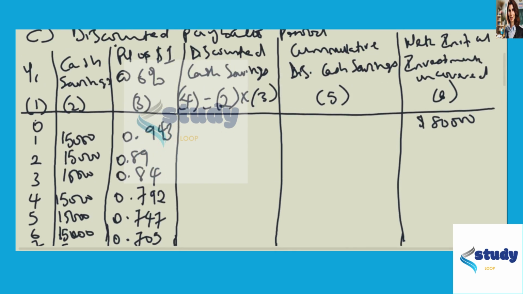Now for discounted cash savings, it would be the cash savings times the present value.